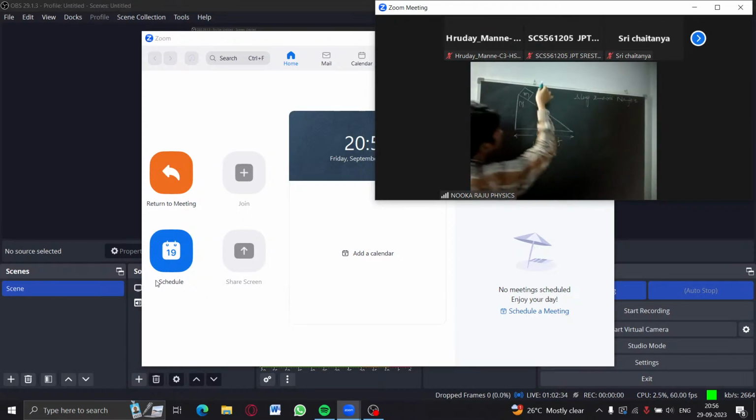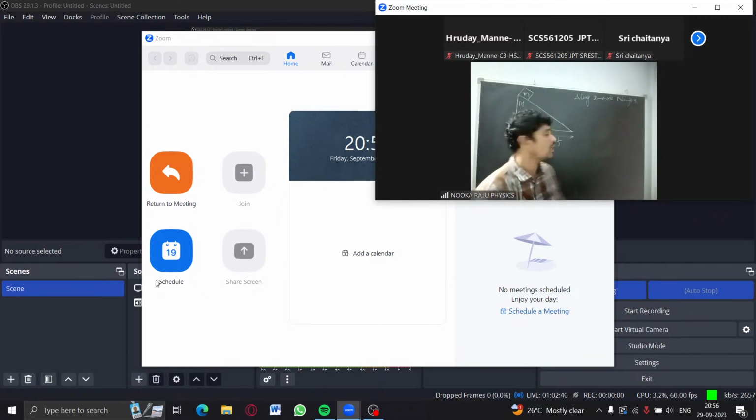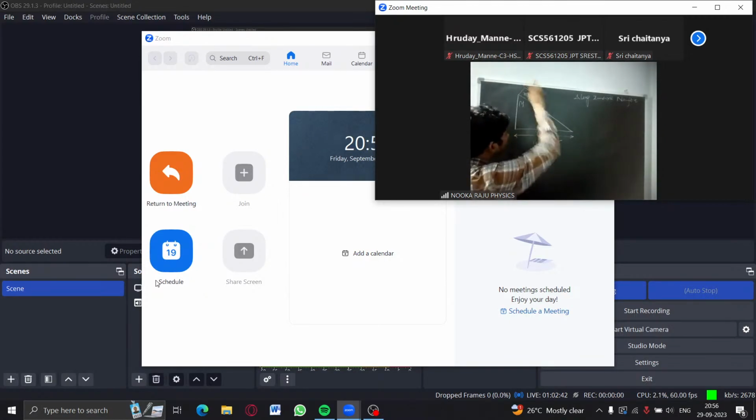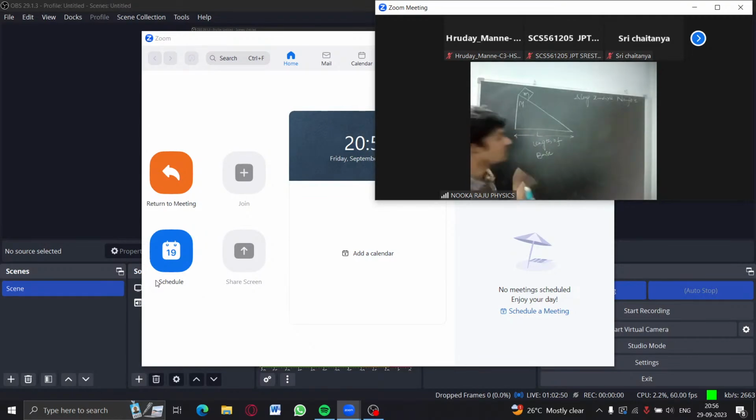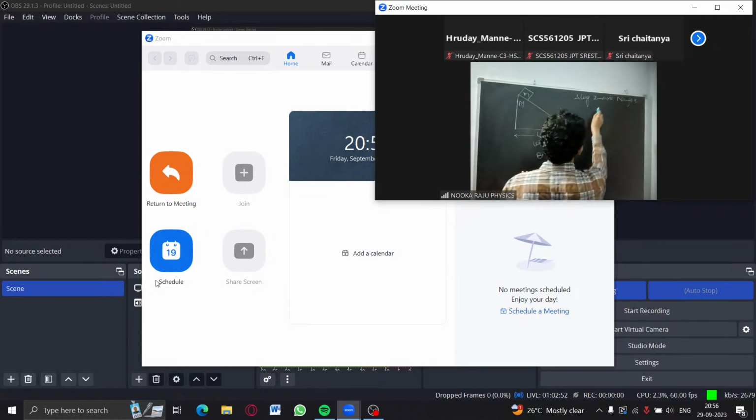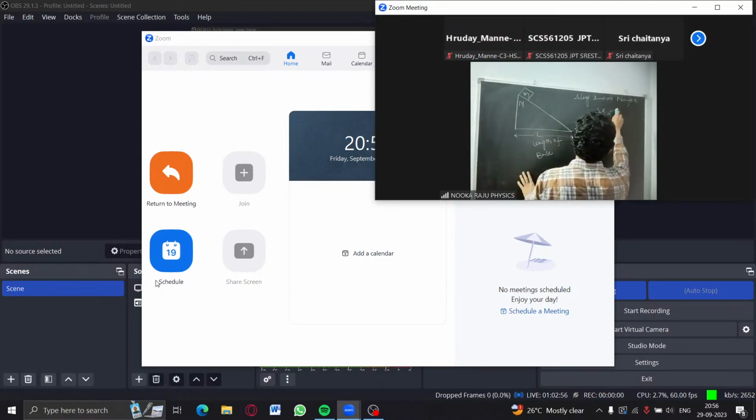The gravity acts in the vertical direction. When the block is moving downward, the weight acts downward, not along the x-axis, that means the horizontal direction. That's why here a very important point is there: delta x CM must be equal to 0. Very important.